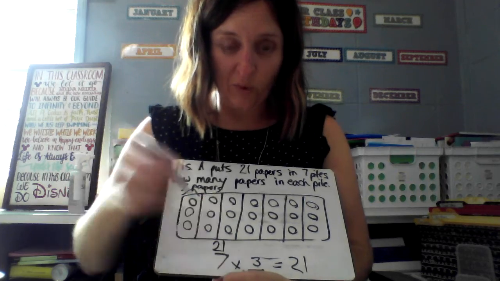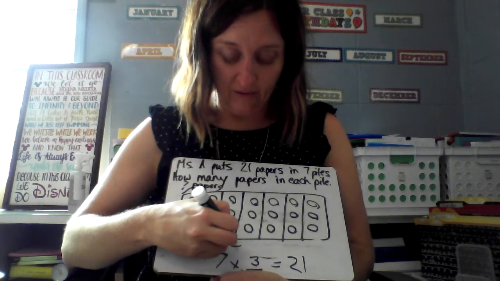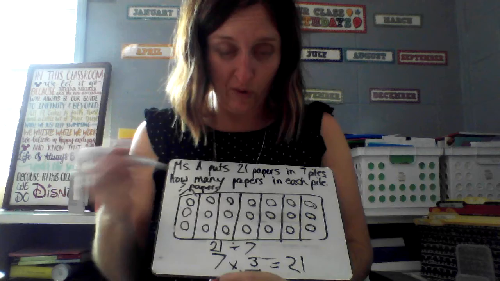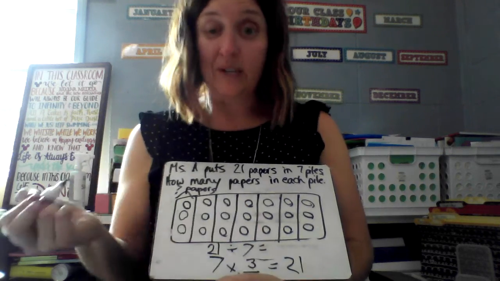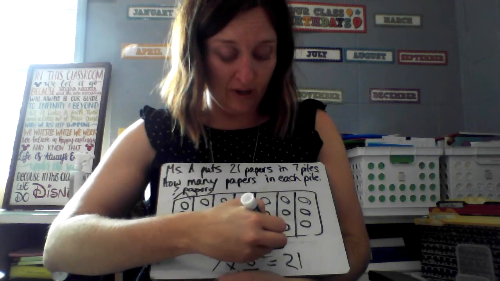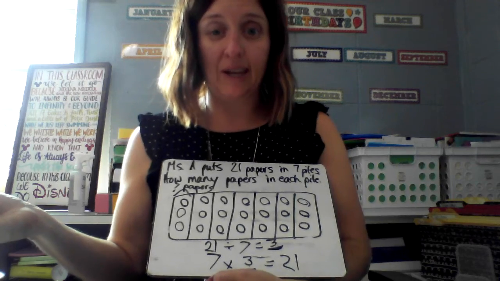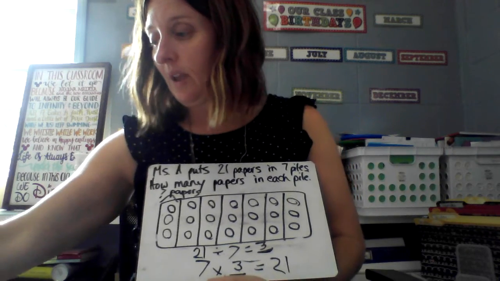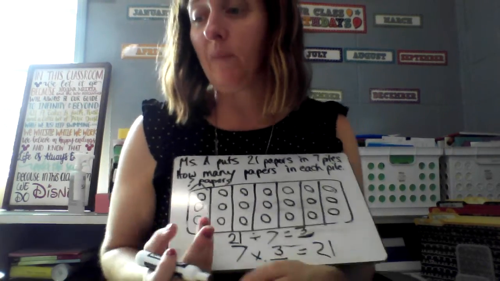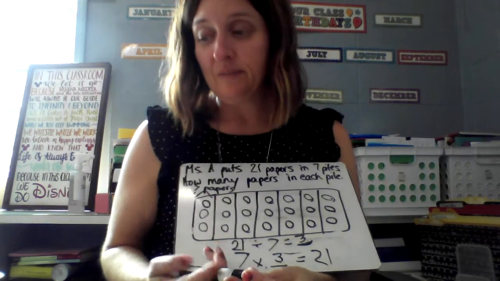I started with my 21 pieces of paper. I divided them into 7 groups. We didn't know what it was for a while, but now we know that it is 3 pieces of paper in each group. I can use my tape diagram to help me find the information that I need.